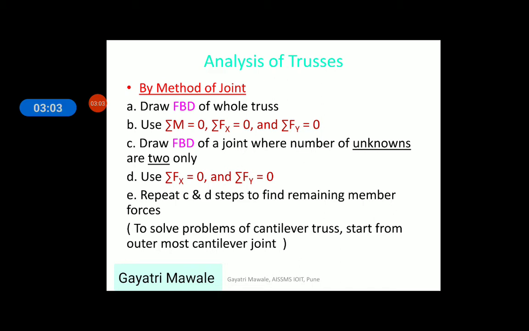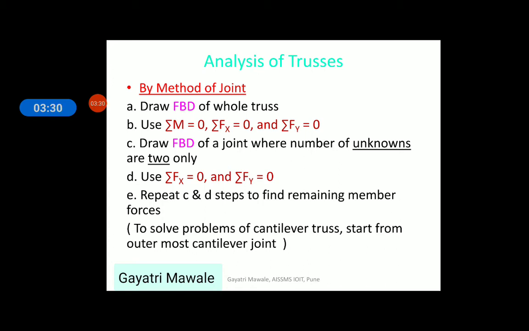Here are the steps to analyze a truss by method of joint. First of all, we have to draw the FBD of the given truss. Then use summation moment equals 0, summation Fx equals 0 and summation Fy equals 0. These three equations of equilibrium we can use to find the support reactions.